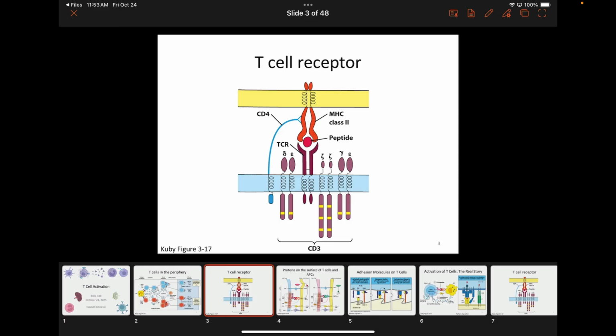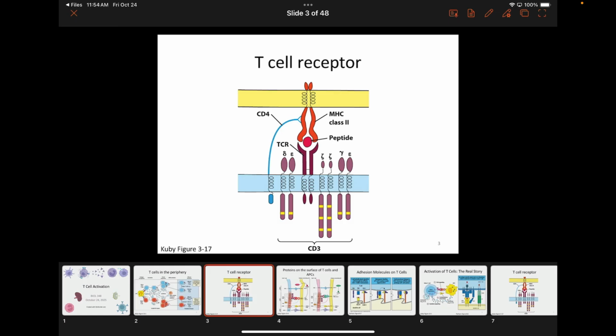And recall that we have either CD4, if we are talking about a CD4 T cell interacting with MHC class 2, or CD8 if we're talking about a CD8 T cell interacting with MHC class 1. Either of those has a kinase associated with its cytoplasmic tail.